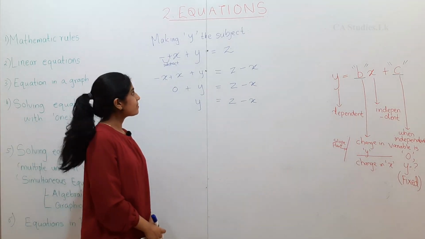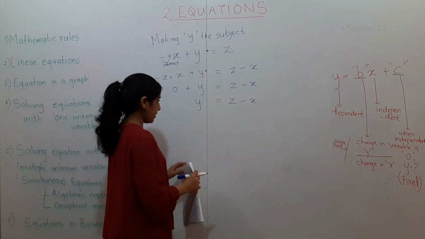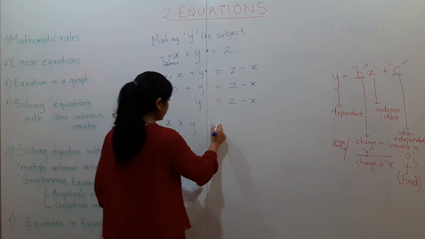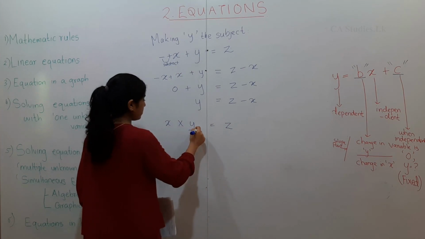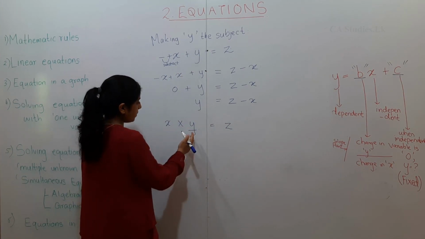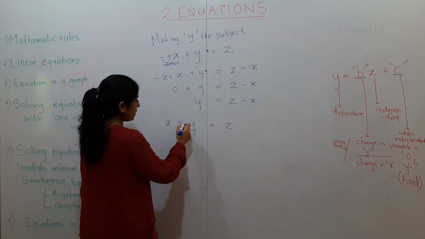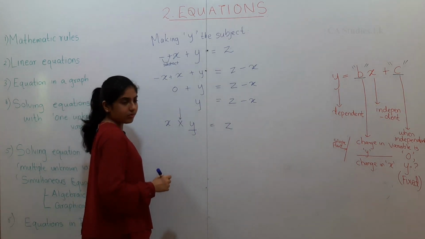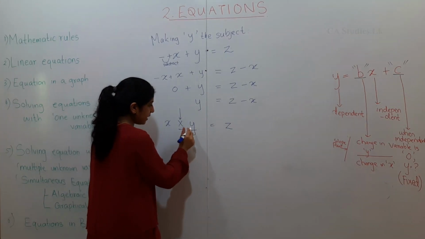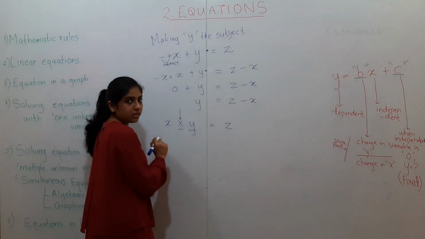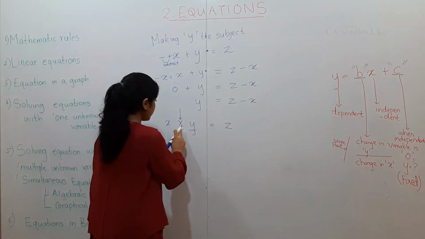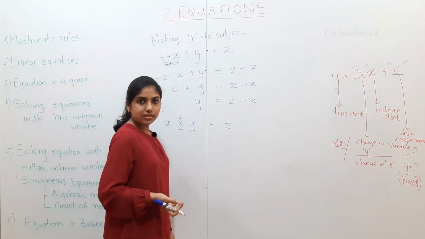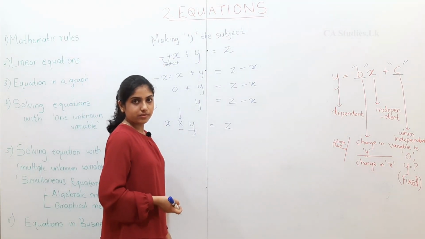Alright. This is one type. The other type, x multiplied by y equals z. Make y the subject. In making y the subject, first identify what's the opposite sign of multiplication, because the opposite sign connects y to the other figure. The opposite sign of multiplication is division.